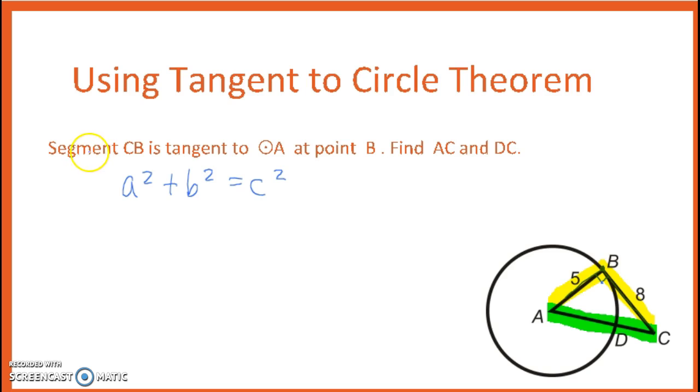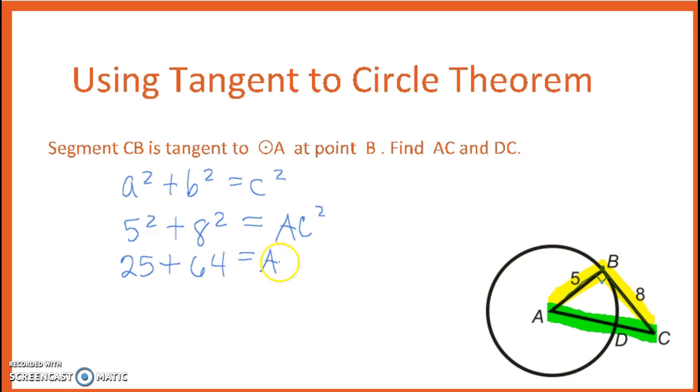And again, that order doesn't matter. So I can say that a squared is AB squared, or 5 squared. b squared is 8 squared. And that has to equal the length from A to C squared. So let's simplify this. 5 squared is 25. 8 squared is 64. Those together must add up to AC squared.